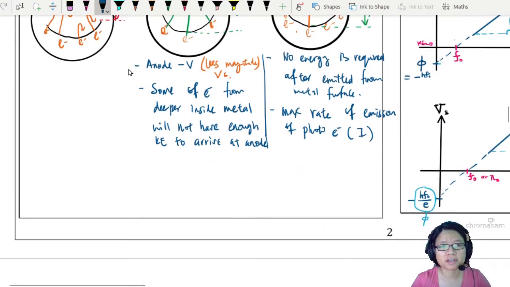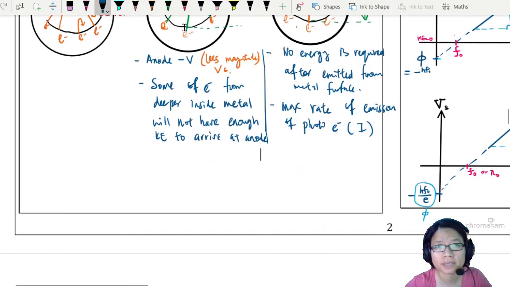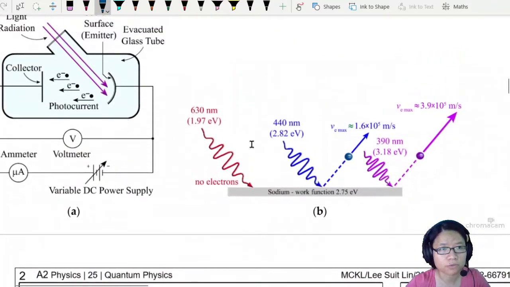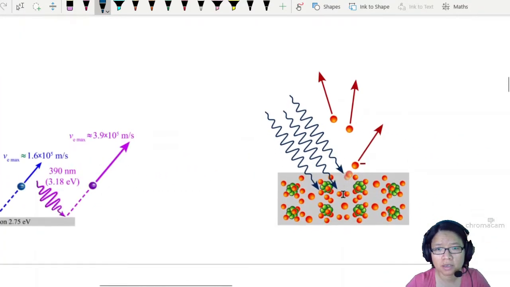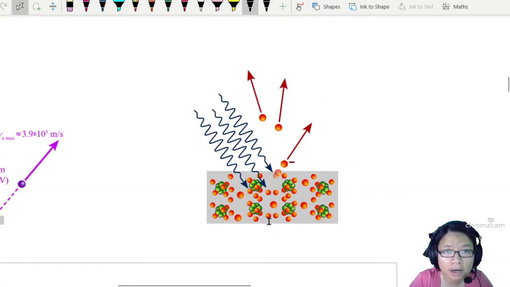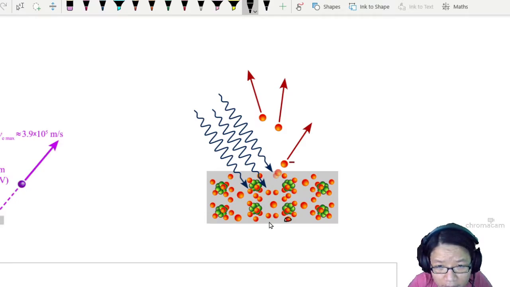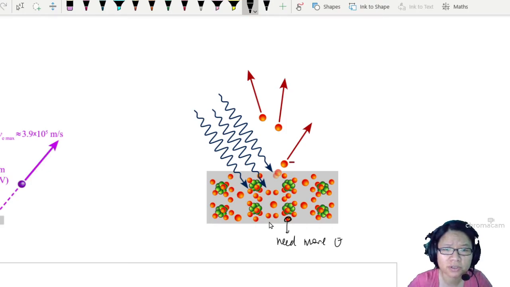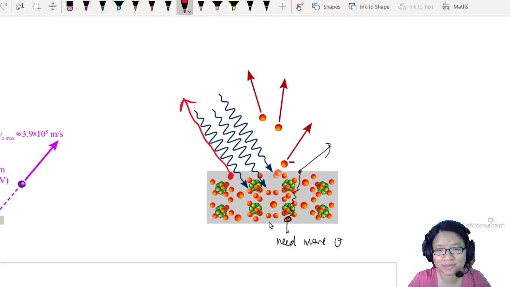Okay, because don't forget, if you think about the drawing that you have seen before, these electrons all come from different depths. So an electron deep here needs more energy, because it has to travel out first. Whereas this electron here is like, I'm so close to the metal surface, I can come out with a lot of kinetic energy.